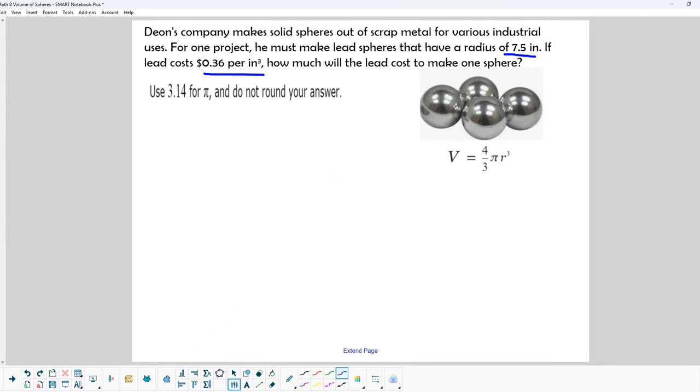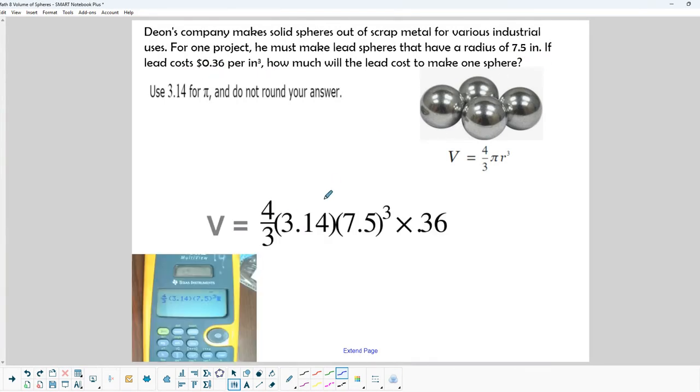So we're going to put our formula down. That's 4/3 times 3.14 times 7.5 cubed, which will give you the volume of one of these big silver spheres. And then we're going to multiply that by 0.36 to find out how much it would cost to make one sphere.